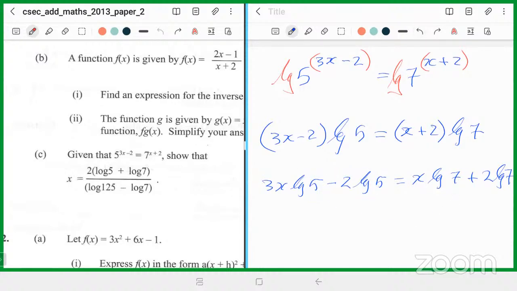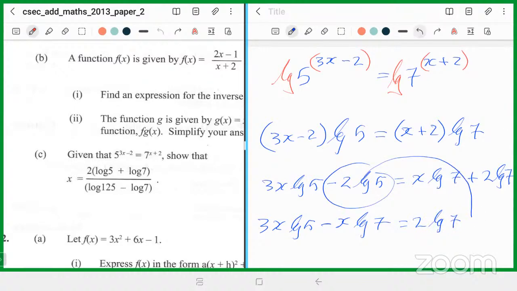So I'm going to get, you see this 3? I can move it up back in now because I just want the x alone. I can move it back up, but I can't leave it for the time being and show it. So I'm going to write 3x log 5 minus x log 7, that's what this becomes when it comes over here, is equal to 2 log 7, and this goes over and becomes a plus 2 log 5.